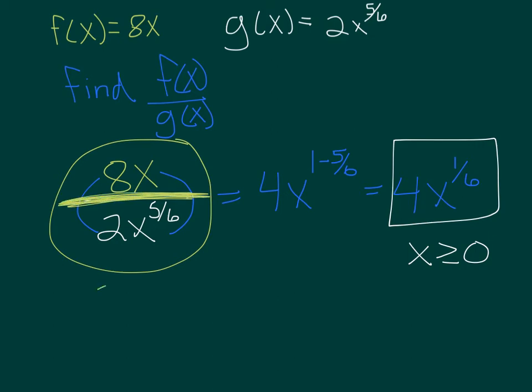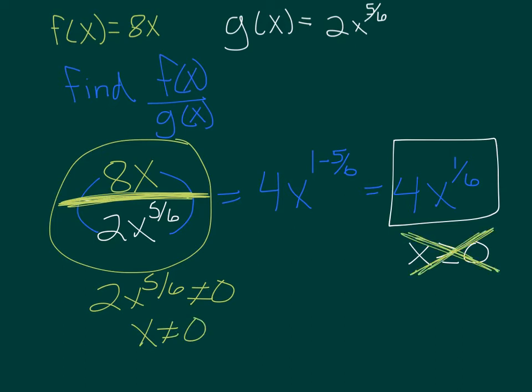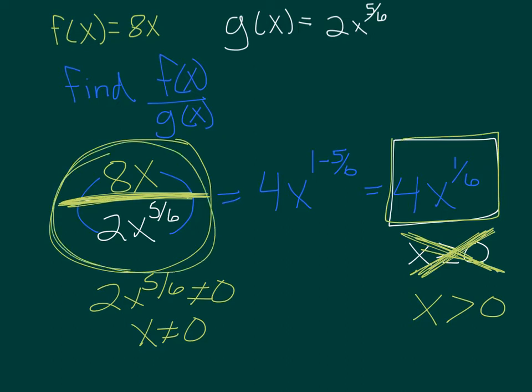Therefore, 2x to the 5/6 power cannot be 0, which means that x can't be 0. So that's not our final domain. Actually our final domain is going to be x is greater than 0, but not including 0, because x can't be 0 either. Even though when you look at your final answer you don't see division, you've got to look at what you were doing before you simplified.